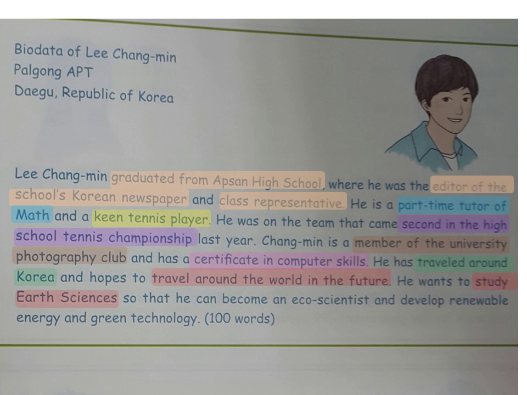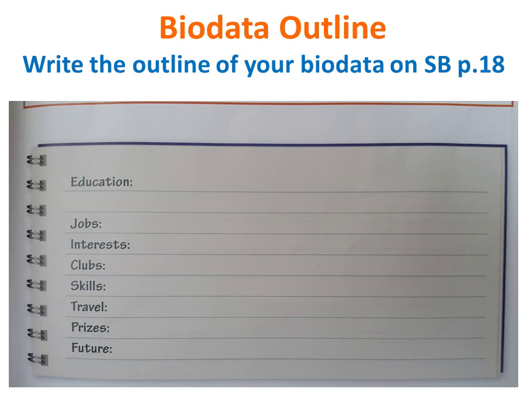Travel around the world, study earth sciences, become an eco-scientist, develop renewable energy and green technology. Okay guys, that was just to help us review some of the key information that you want to put in your biodata. Okay, let's move on.